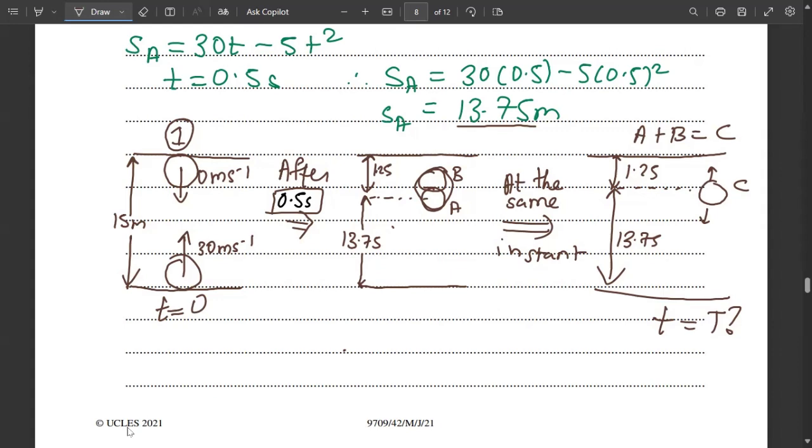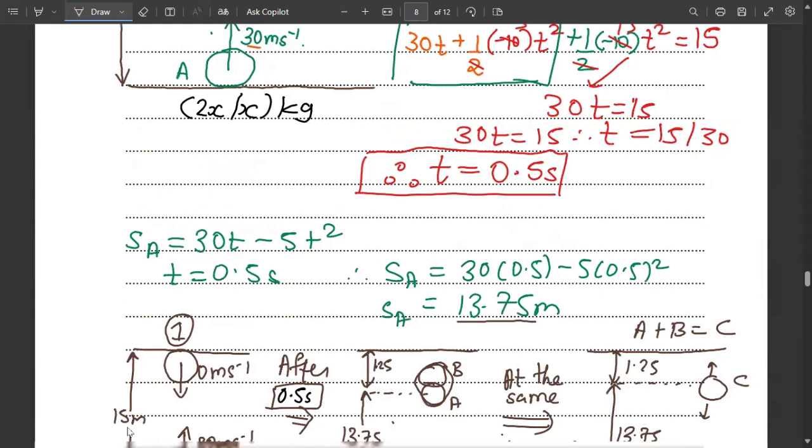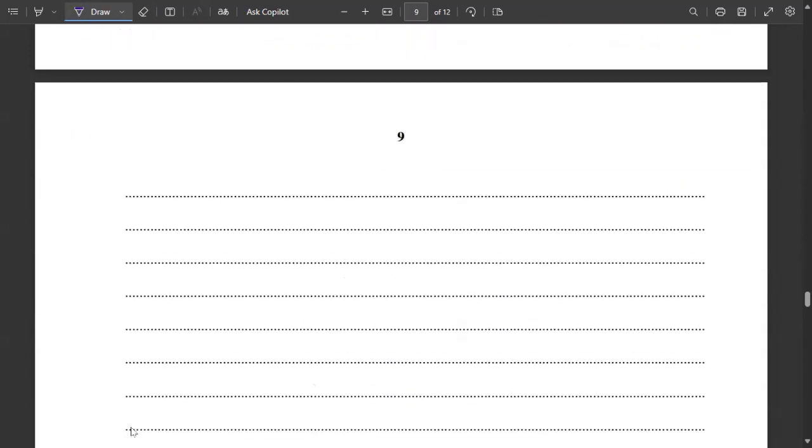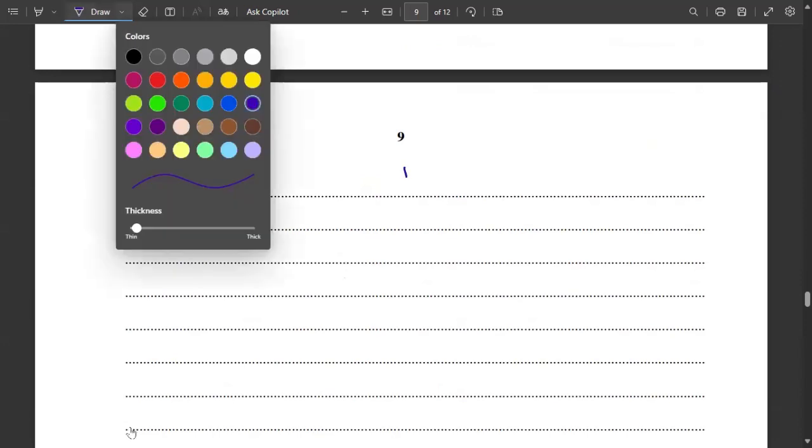And how with the help of momentum? Let's see. So now there are two cases here. Either this is x kilogram, and this will become 2x kilogram, or if this is 2x kilogram, then this will be x kilogram. So now let's solve for both cases individually. Let me draw a line here.